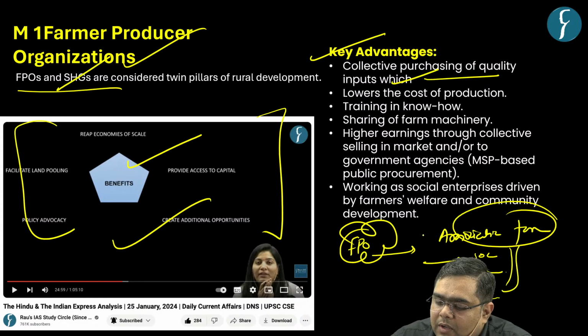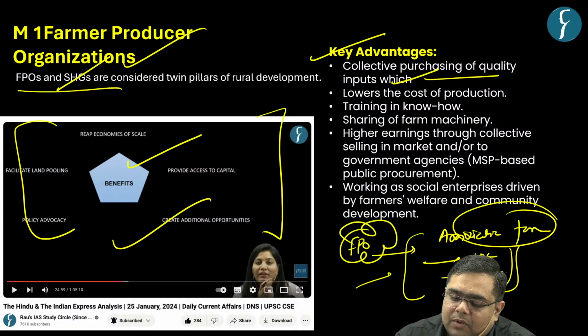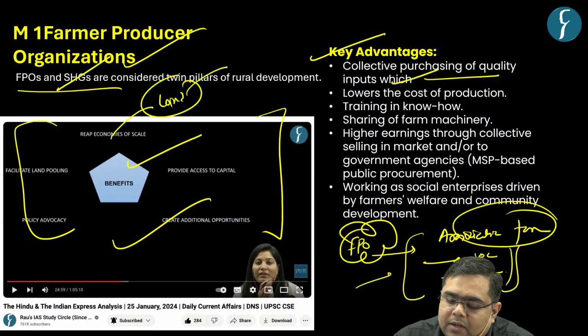So these are the organizations in which farmers come together and conduct their business together in order to gain collective bargaining.